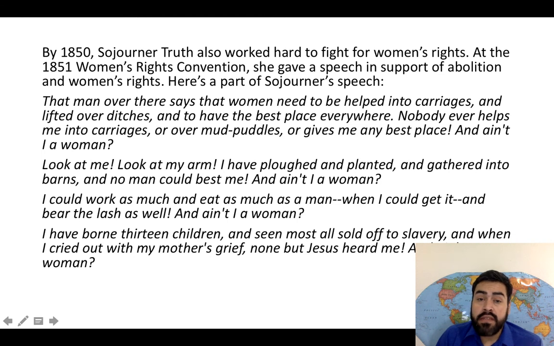That man over there says that women need to be helped into carriages and lifted up ditches and to have the best place everywhere. Nobody ever helps me into carriages or over mud puddles or gives me any best place. And ain't I a woman? Look at me, look at my arm. I have plowed and planted and gathered into barns, and no man could best me. Ain't I a woman?